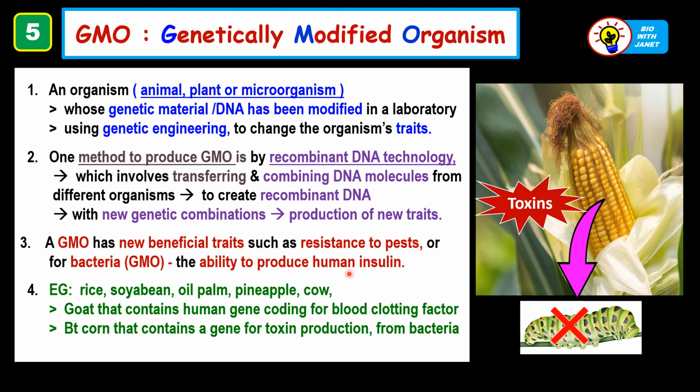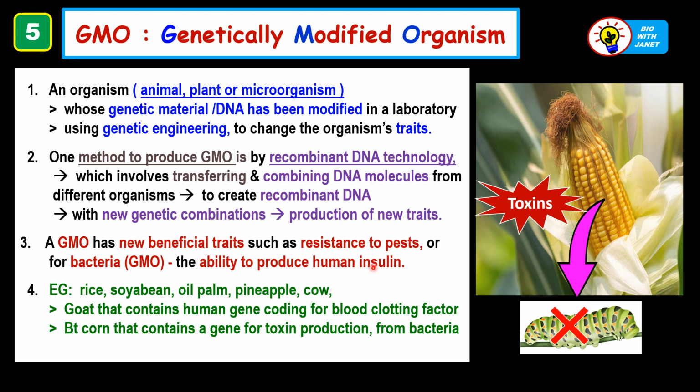So a GMO has new beneficial traits such as resistance to pests. For example, this type of corn, called BT corn, can resist the pest. If pests like caterpillars were to try to eat the corn, they will die because this type of corn produces special toxins that can kill the pests.